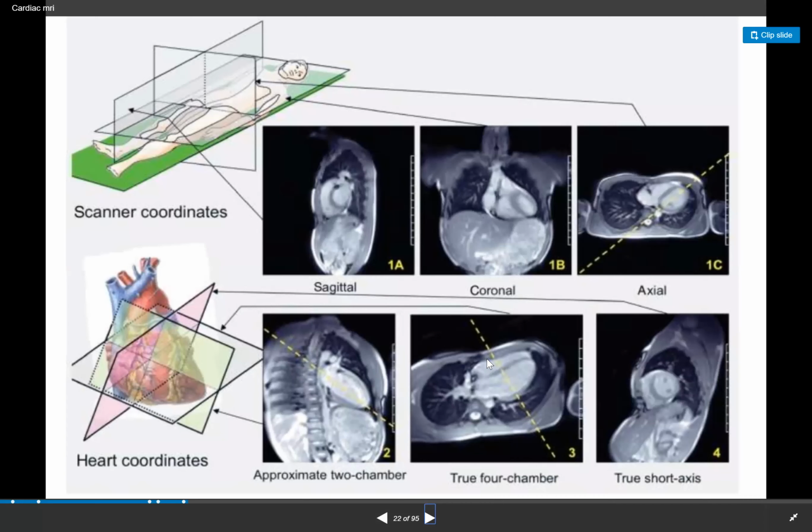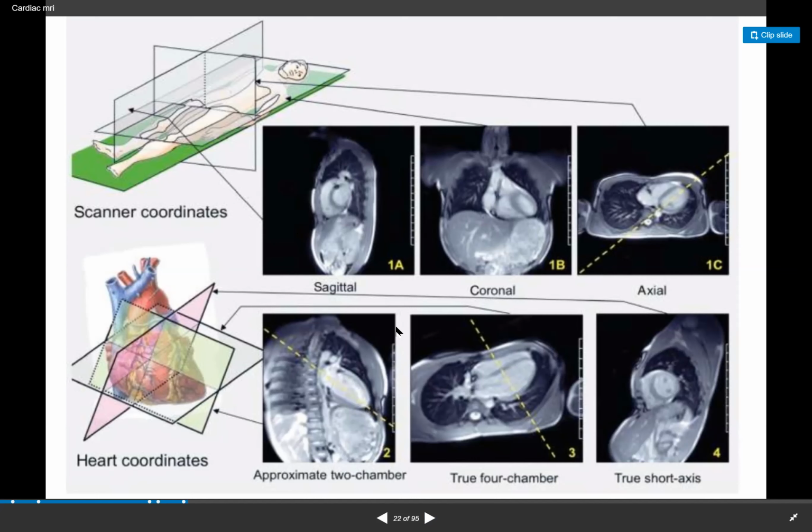And that will give us a 4-chamber image. And once we get a 4-chamber image, right in the middle, we cut it to get a short axis sequence. And on the top, you can see the coordinates. So we get sagittal, coronal, axial, and through the axial, we get this 2-chamber image, basically. And then the whole of the examination is through those.